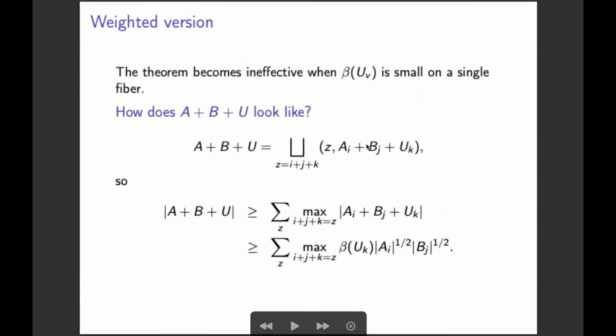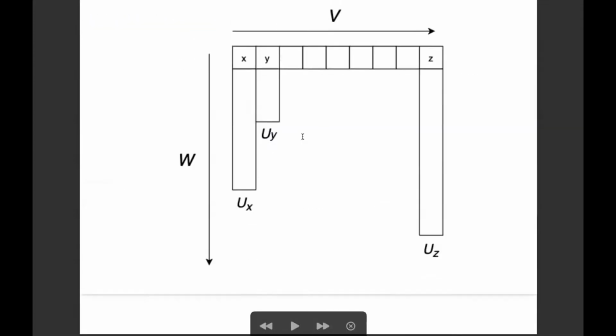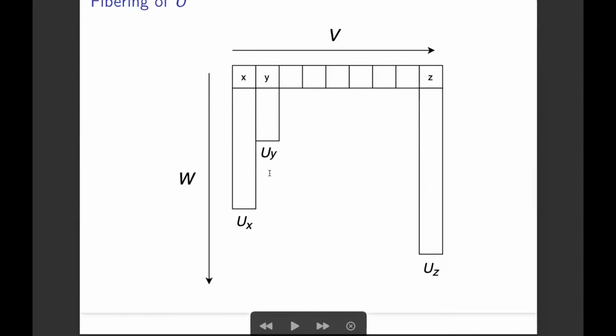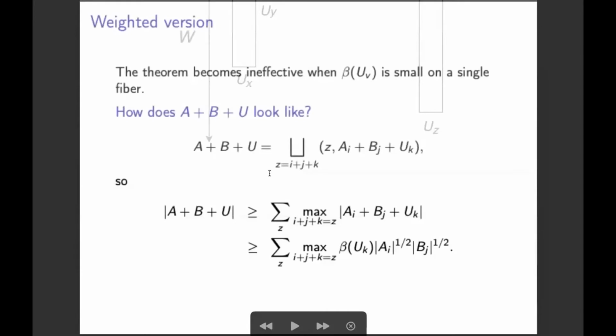So if we look at a triple sum, and we look at the disjoint unions of the slices, it is clear that we can independently look at what happens in the first coordinate here in the v direction, and these sum sets are going to be just a union of all the sum sets with respect to these slices.